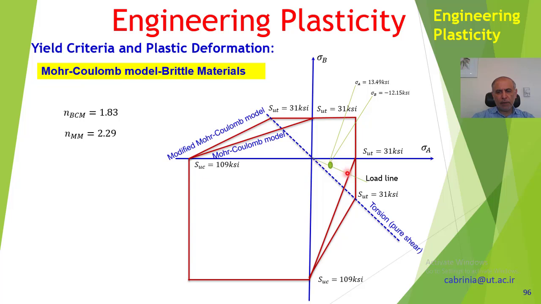So this line divided by that line gives 2.29, and for the Coulomb or BCM we get this, this line up to here divided by the load, which gives us 1.83. And if we increase the stresses we get up to here, which is the yield point.